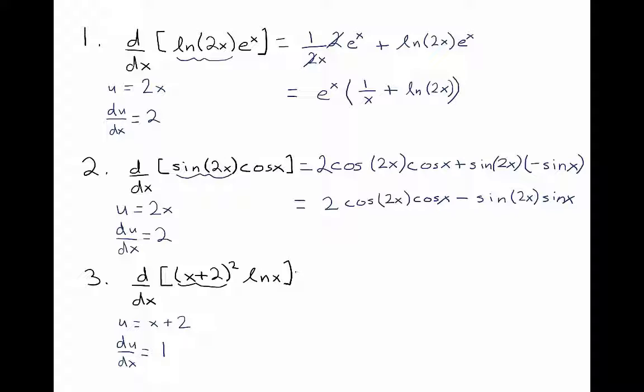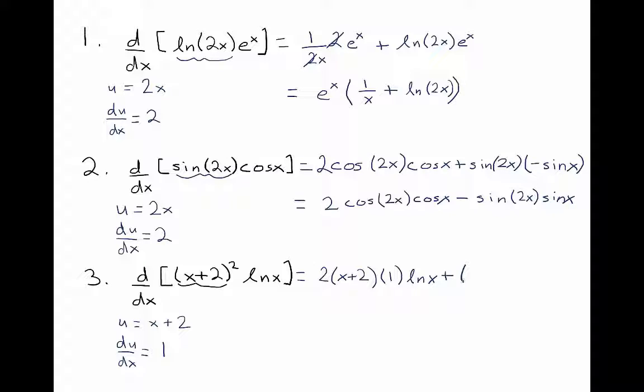When we take the derivative of u squared, that just gives us 2 times u, and u is x plus 2. And then we just have to multiply by 1. That's easy. Then we multiply times log x because we're leaving that alone.